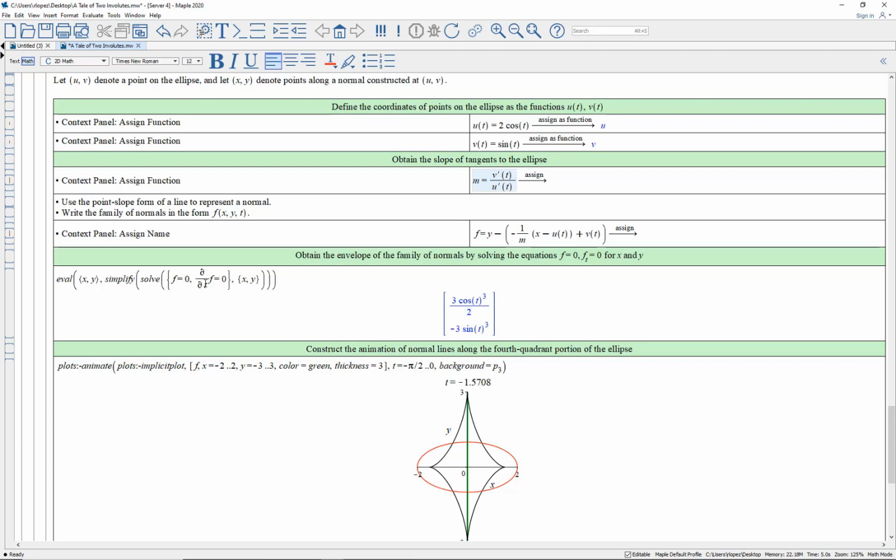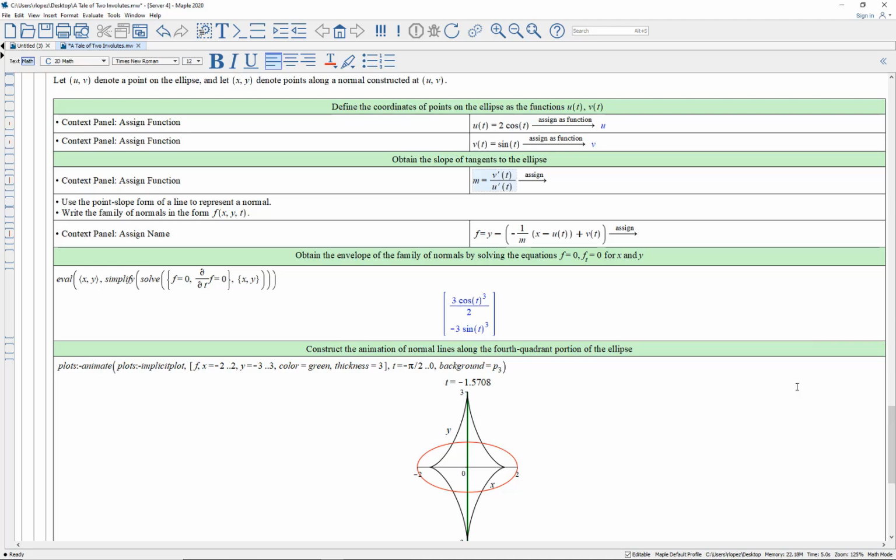F equals 0, and the derivative with respect to t equals 0. You solve for x and y. I hit it with a simplify to clean things up. And then by evaluating the names X and Y with the results of this solve command, I get a vector representation of the solution. And if you have a very good memory, it's the same as we saw above.